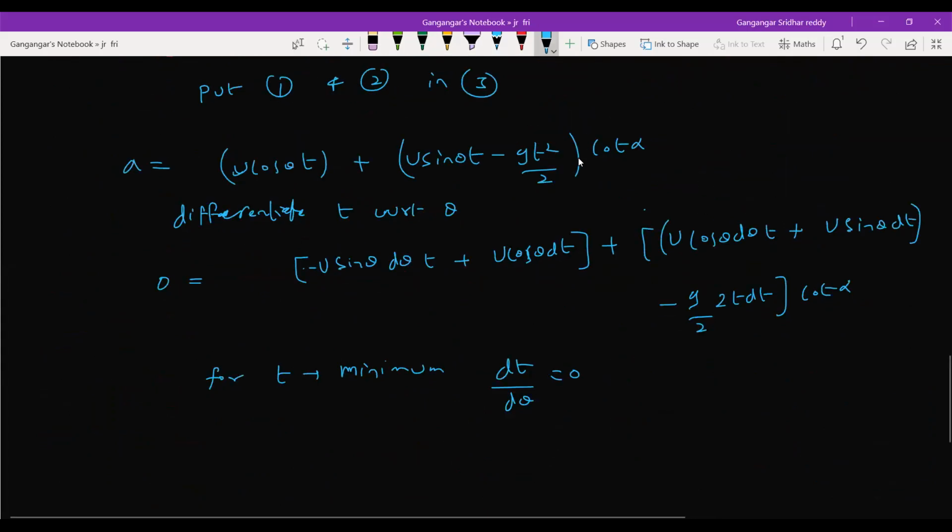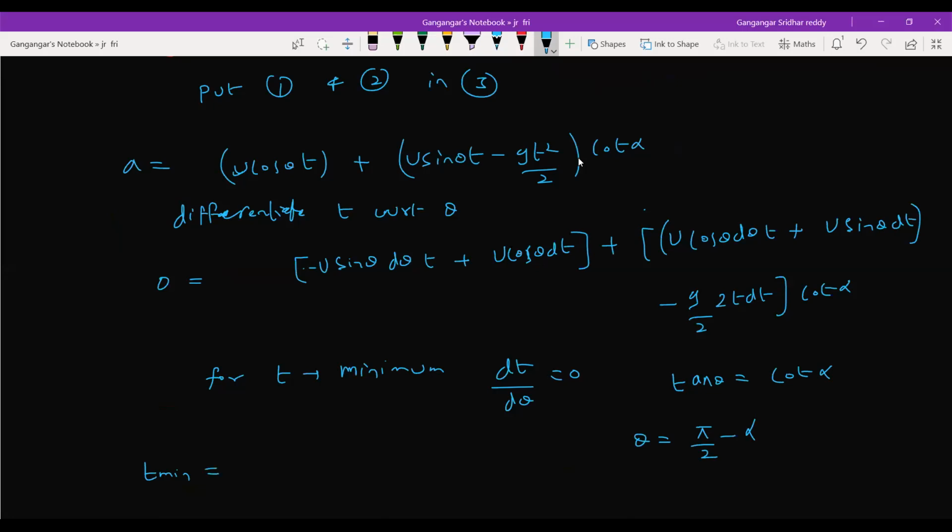Anybody, the value of tan theta? I'll end up with this equation: tan theta is equal to cot alpha. Therefore theta should be equal to pi by 2 minus alpha. Substitute that value of theta there and get the expression for t minimum.